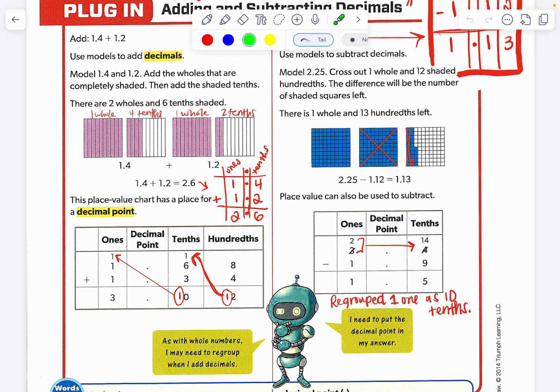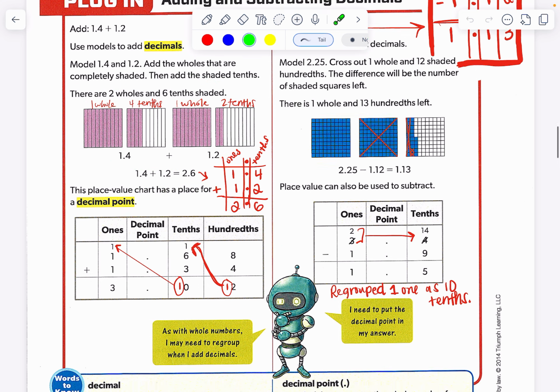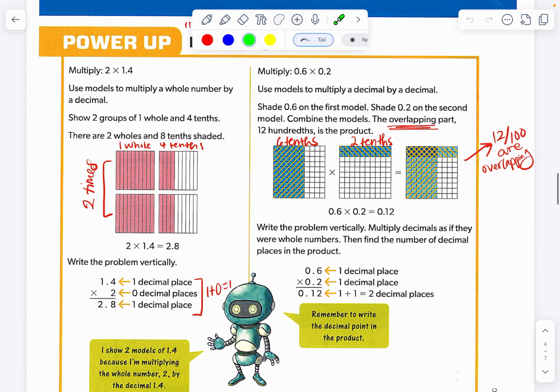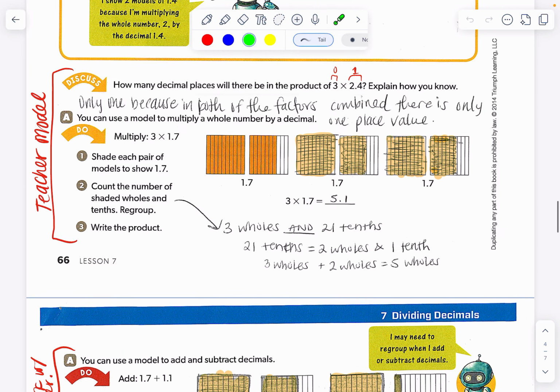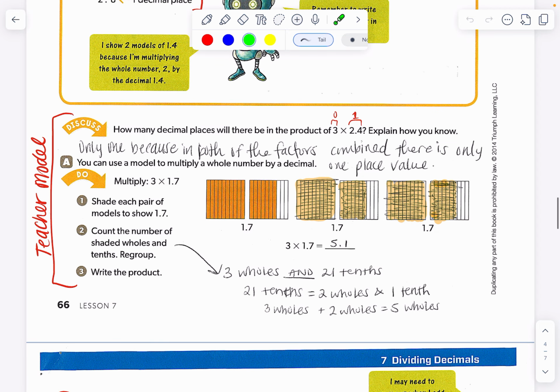Because they are going to be working on 3 different operations, you are going to be doing 1 model for each of those operations. The first one is on how to multiply a whole number by a decimal using the area model.